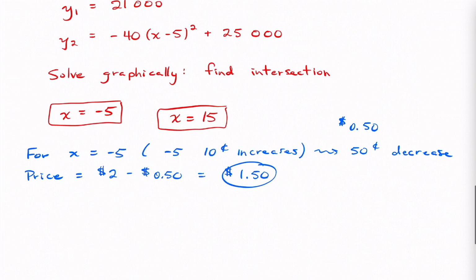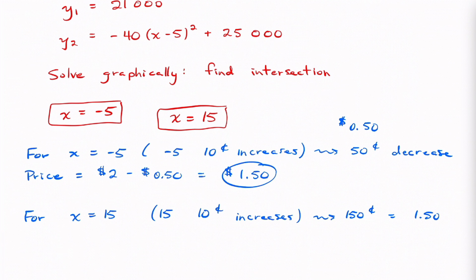Then we'll do x equal to 15. So that's going to be 15 10-cent increases. If you have 15 10-cent increases, that is 150 cents, or just $1.50.